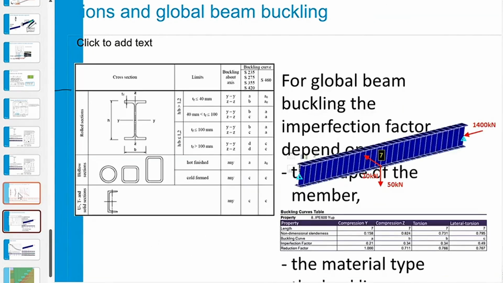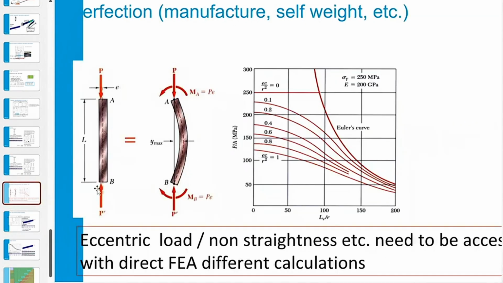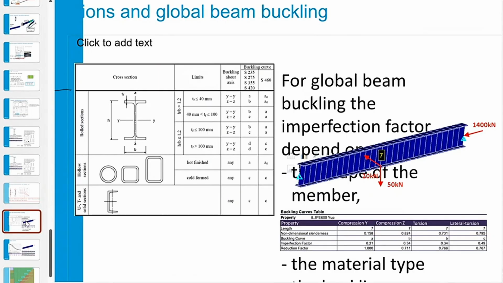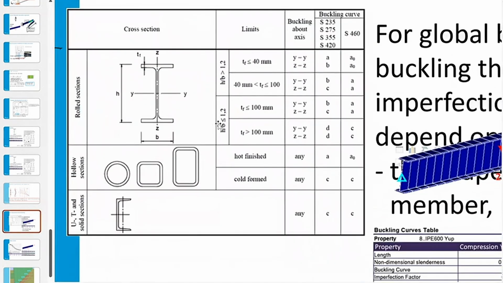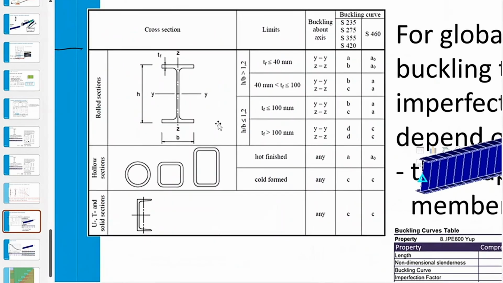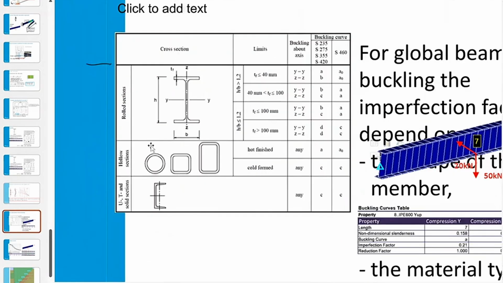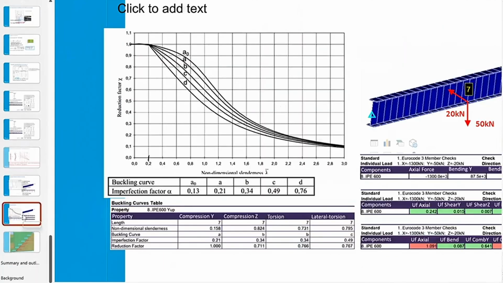Instead of calculating the effect of this tolerance, or the extra moment because of that, we just take into account a general tolerance, which depends on how you produce your section. So this is basically it.